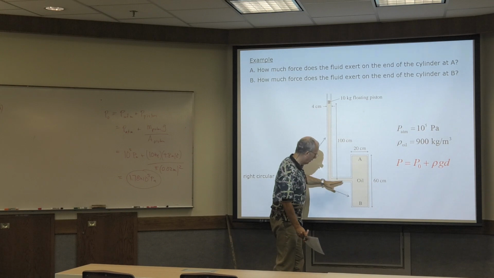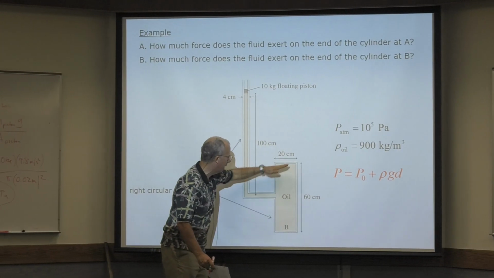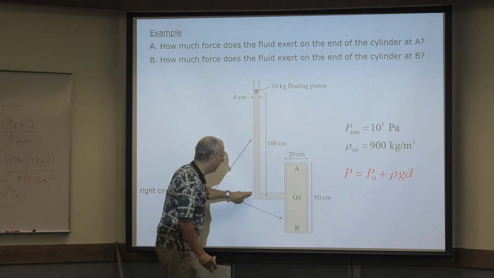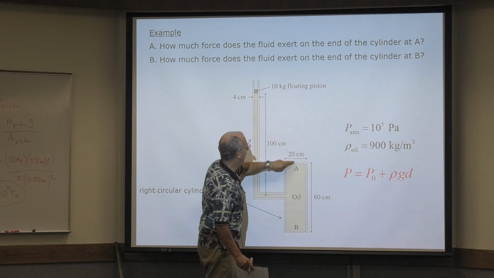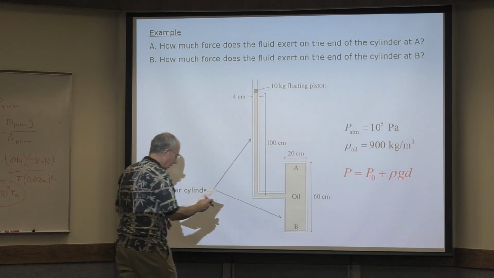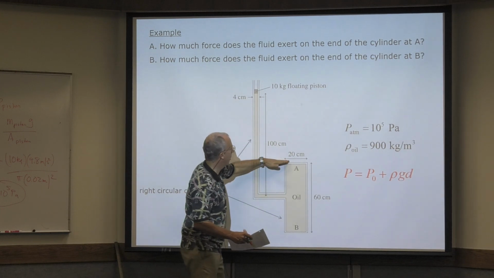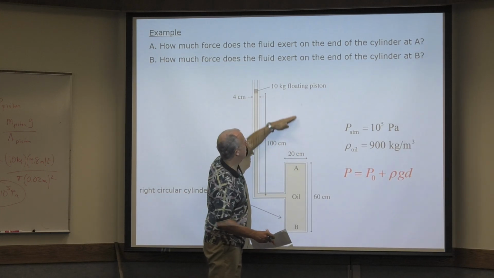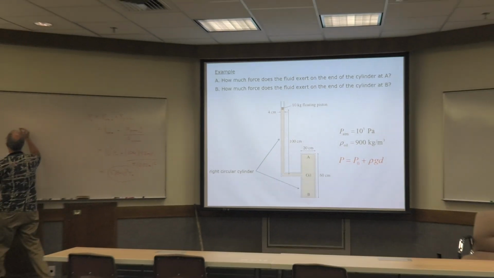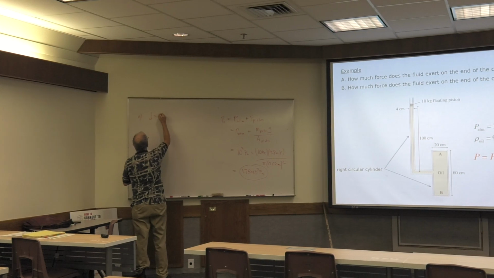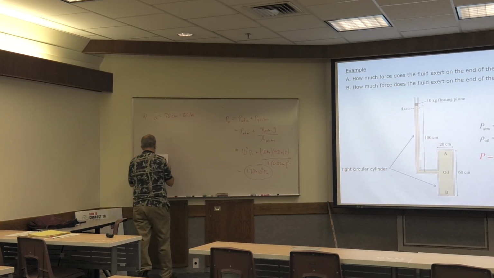Well, this is 60, this looks like it's half, so that's 30 and that's 30. This is 100, and remember, what's the depth? It's this. So if this is 100 and this is 30, the depth is 70 centimeters. That's the key to the question. So for A, d is 70 centimeters, which is 0.7 meters.